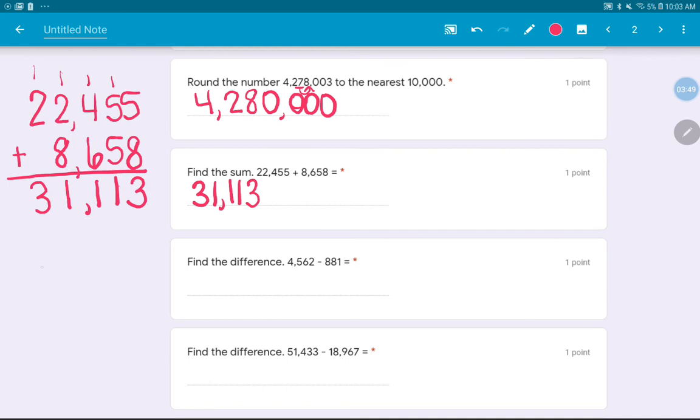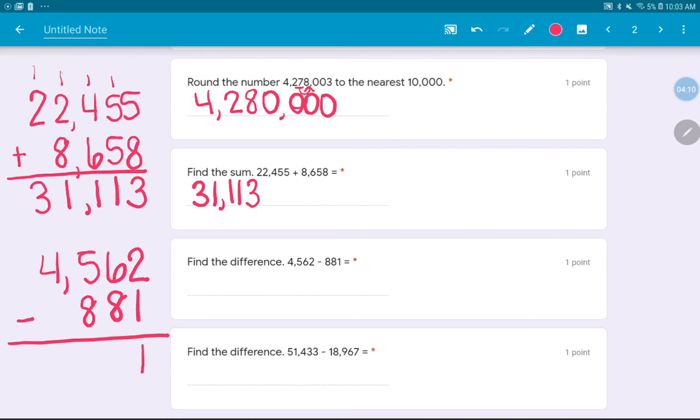You take 4,562 and then you put 881 on the bottom. Okay. You can't take 8 from 6. You take 1 from 5 and then you have 4 left. And then that 6 turns to a 16.